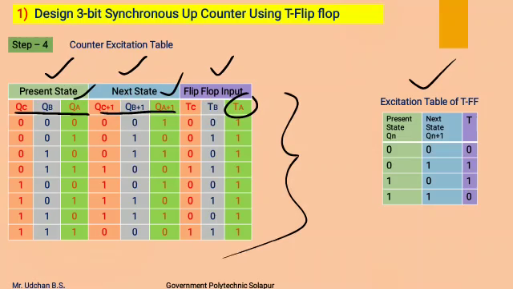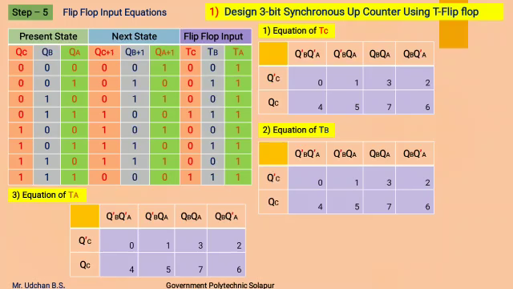So after the completion of counter excitation table, we are going to find the equation of flip-flop inputs, that is equation of TC, equation of TB and equation of TA using 3 variable K map.